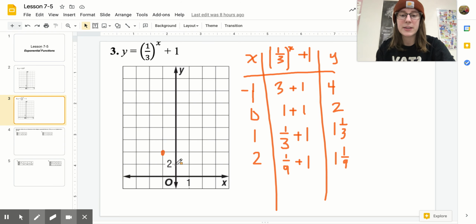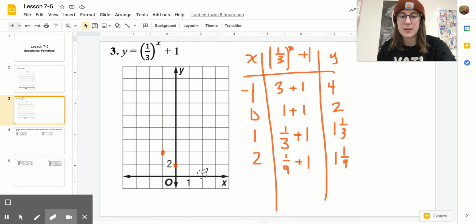At 0, it's 2. At 1, it's 1 1/3, so it's going to be over here. Then it's at 1 1/9. Maybe I should do this a little bit more accurately. A little bit here, and then it's getting closer and closer to 1.